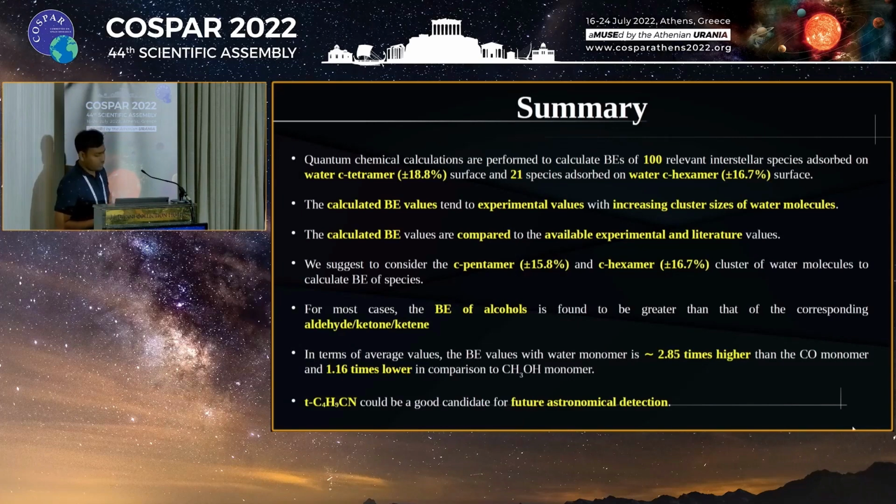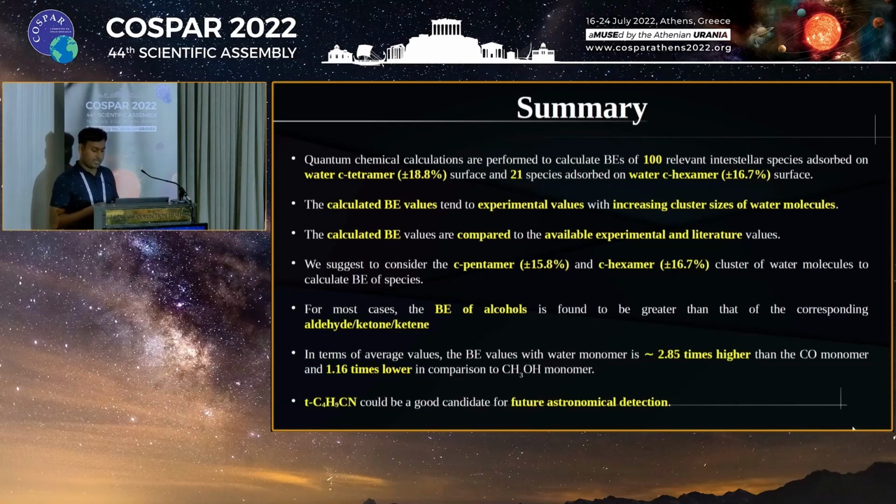Okay, so this is my summary. We approached this theoretically, quantum chemically, and calculated the binding energy on a water surface with increasing cluster size, and found that the pentamer and hexamer clusters give the minimum deviation from experiment.